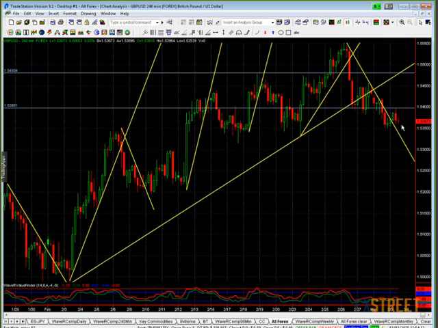This is the correction, and we're at a key place. If this can turn around and form a higher low and move higher than that level, then we just might get another run and another rally here.